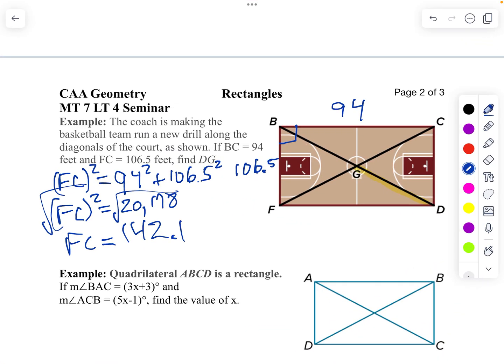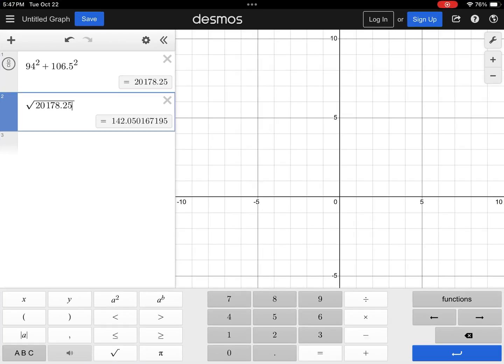Now that's F to C. Well, that's also B to D because the diagonals are equal. And I know D to G is half of that. So if I take 142.1 and divide that by 2, we get about 71, don't we?